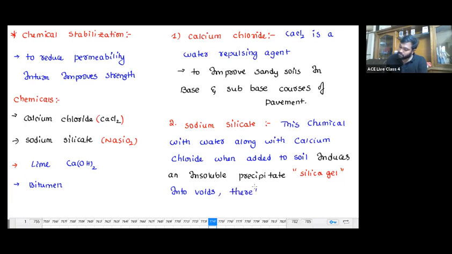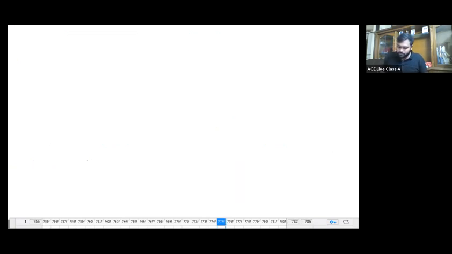Thereby permeability reduces. So sodium silicate with water, along with calcium chloride, forms a gel known as silica gel. The point you need to remember is this silica gel.